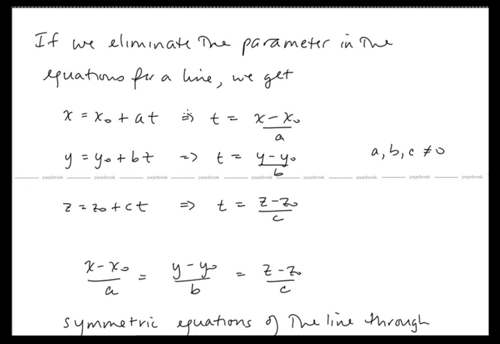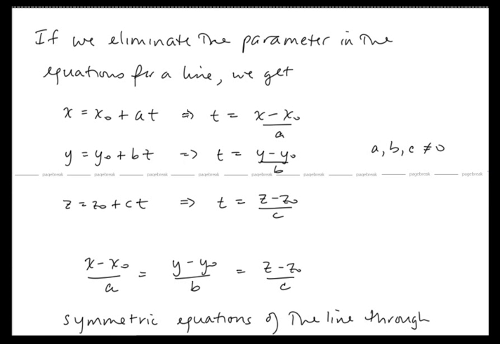Now let's talk about eliminating the parameter from our parametric equations. They won't be parametric anymore, right? So if we're starting with x equals x naught plus at and we want to get rid of our parameter t, we first have to solve for it. So t is equal to (x minus x naught) over a. Similarly, for the y equation, t is equal to (y minus y naught) over b, and for z, t equals (z minus z naught) over c.